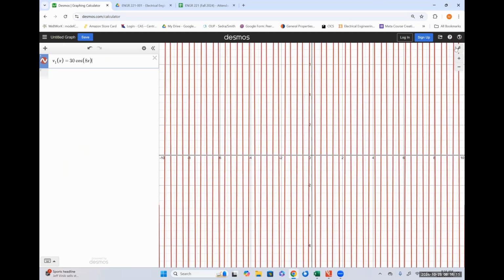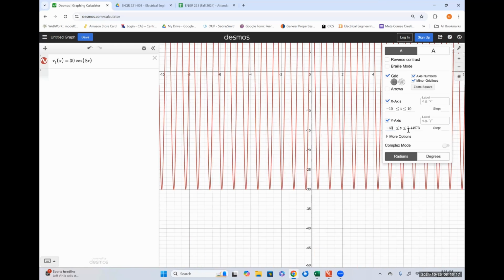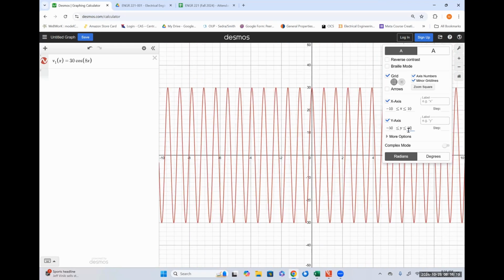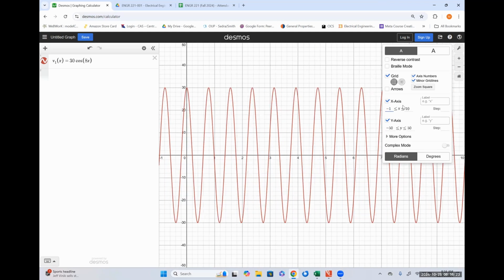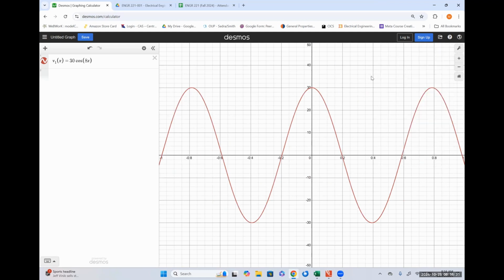Let me go into my settings here so that this is slightly less horrifying. So let's make this negative 50 and this positive 50. And let's make this negative 1 and positive 1 so that we have a nice, pretty sinusoidal signal. Okay. So that's my voltage drop across my resistor.